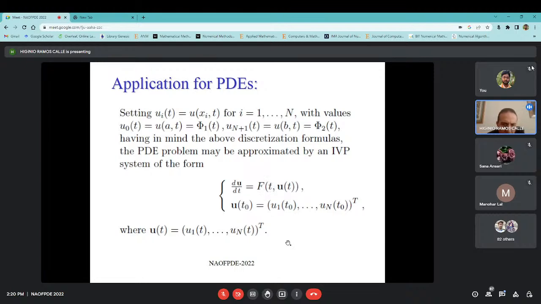So what we are going to use is to take the block methods to solve this system. In this case, this is an ordinary system of differential equations. So we solve this ordinary system of differential equations using the block methods I showed you before.